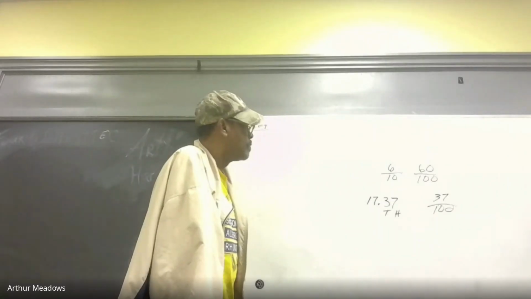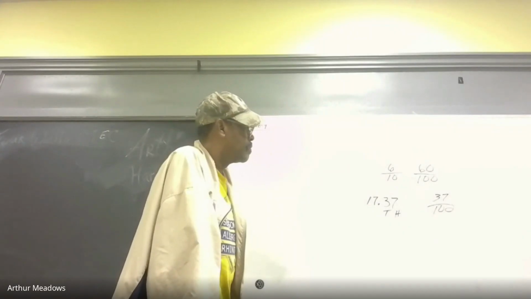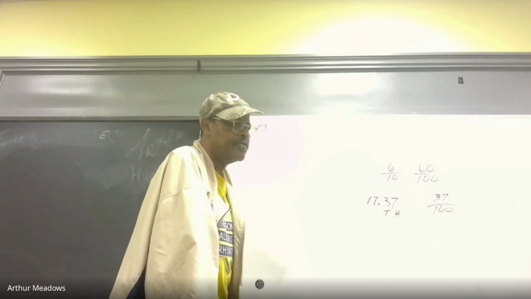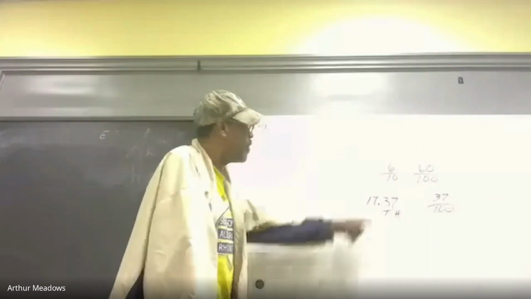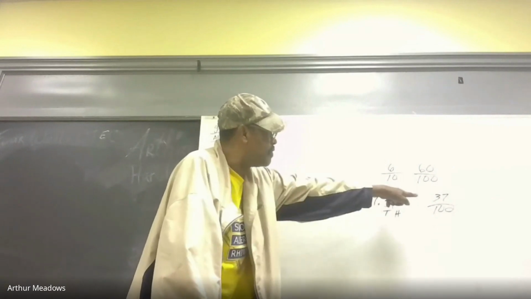So 17.37, right? If I go to the chart, it's going to say the tenths and the 100, right? The first 2 spots after the decimal are the tenths and the hundredths, right? Yeah. So that would be the 7. So if I'm rounding the 37 off, it would be 40, right? So it would be 17.4. No, not to the hundreds. You're already right there in the hundreds. 37 hundredths.